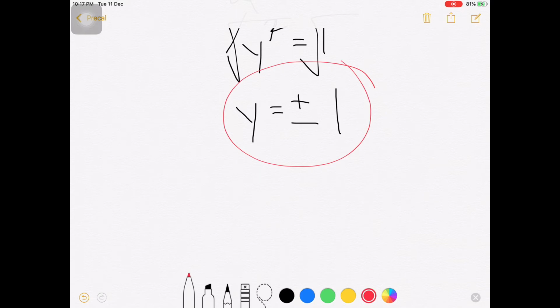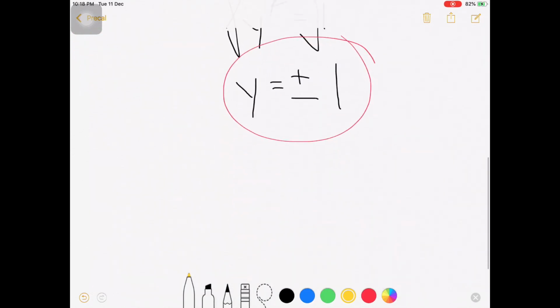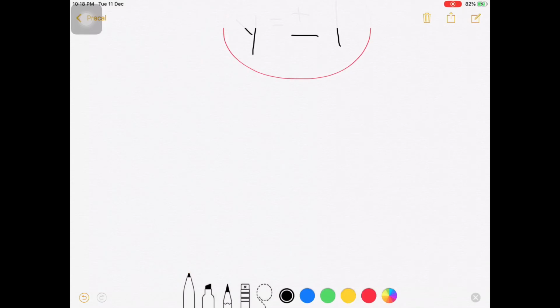And then we will use these two values to substitute into either one of the equations above. So of course, to make our lives easier, we have to substitute it into the easier equation, which is the first equation, x squared plus y squared is equal to 26. So first, let us substitute 1.